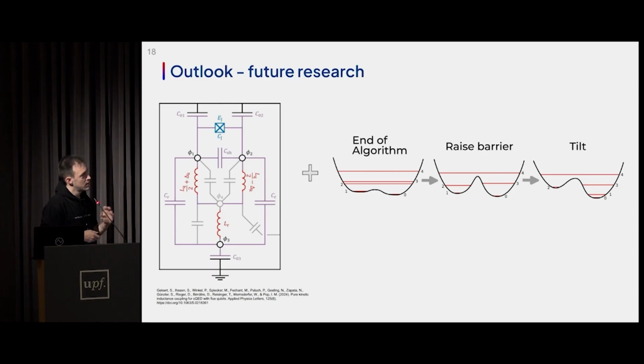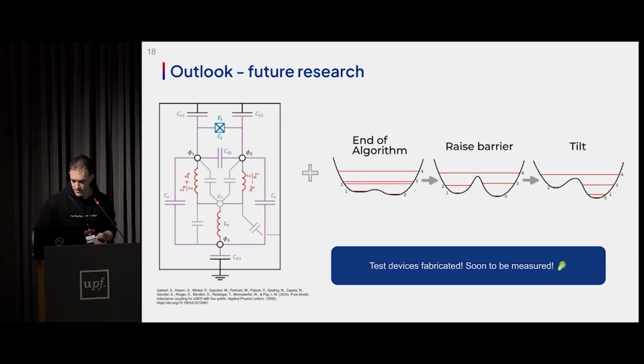So we try to find a parameter range via simulations that allows you to combine this double-well readout with this common mode qubit. We have fabricated devices to test this double-well readout as a standalone, and also another device to start testing both of these. These are fabricated, we have them in the lab, and hopefully soon we'll be measuring them and have results, so stay tuned for that.